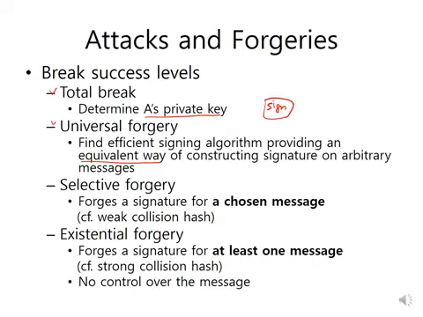And if the adversary can find any other alternative and efficient sign prime algorithm, then we can say this is a universal forgery. Of course, in this case, the adversary cannot find the private key of the user. But without the key, if an alternative signing algorithm can be found by the adversary, then we can say this is universal forgery.